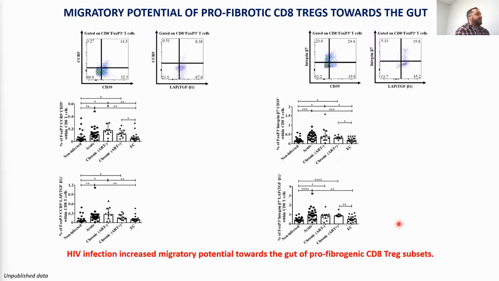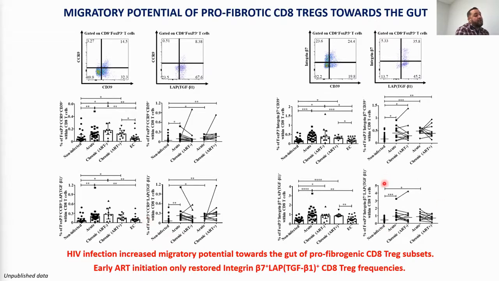We found that in all of the cases, the untreated HIV infection was associated with an increase in the potential migratory capacity of these immunosuppressive and highly fibrotic CD8 Tregs, and early ART initiation only restored the frequencies of integrin beta-7 latent TGF-beta positive CD8 Tregs, while it was unable to normalize the rest of the populations.